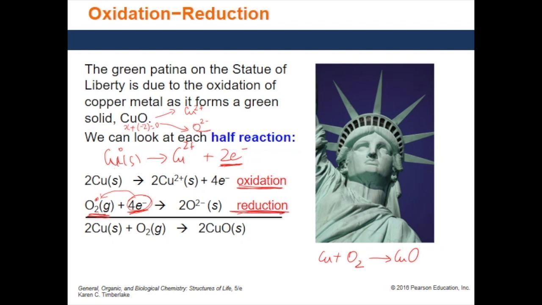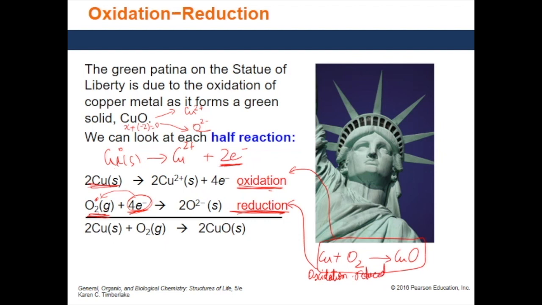So you can take this reaction and break it into 2 halves, where one half is oxidation and the other half is reduction. For this reaction to happen, one compound always has to be oxidized, and the other one is getting reduced.